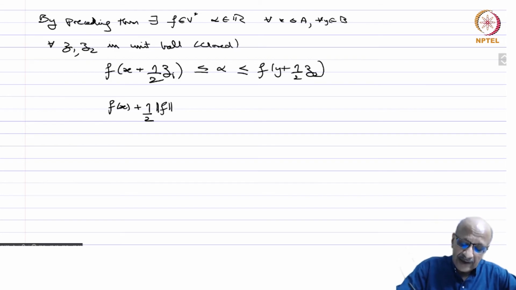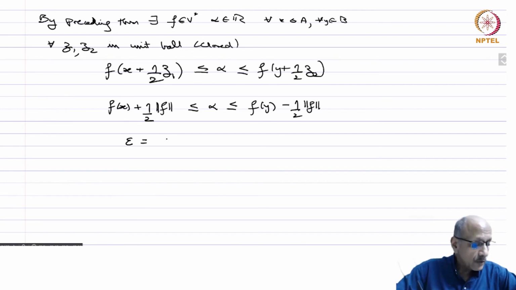So I can take a sequence, for instance, converging to the supremum, so that you will get this. Similarly, this is less than or equal to f y. Now I take z2 going to the supremum and then take minus of that, so this will give you minus eta by 2 norm f. So now the theorem is proved: you take epsilon equal to eta by 2 norm f, and that will prove the theorem.